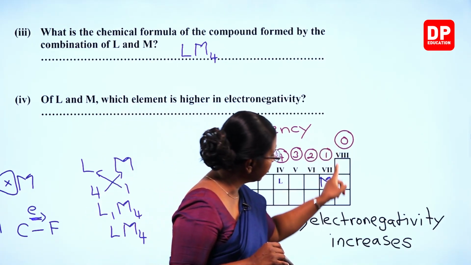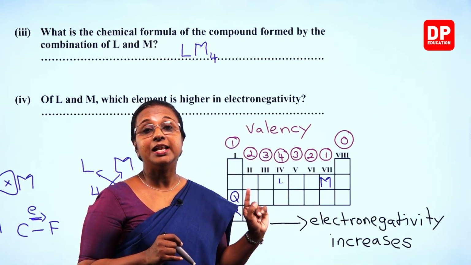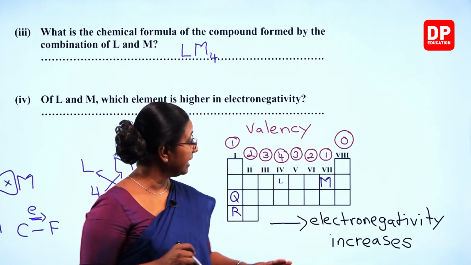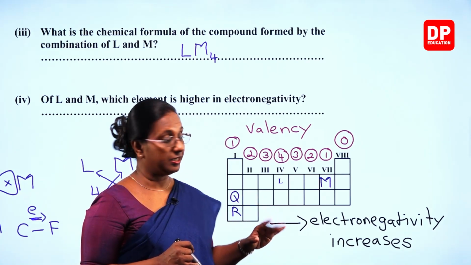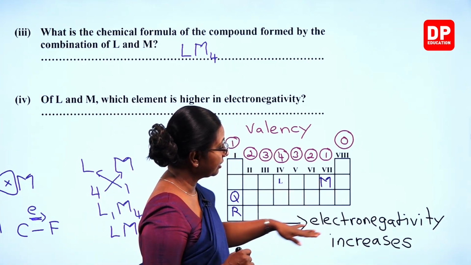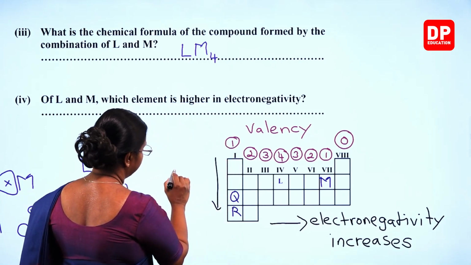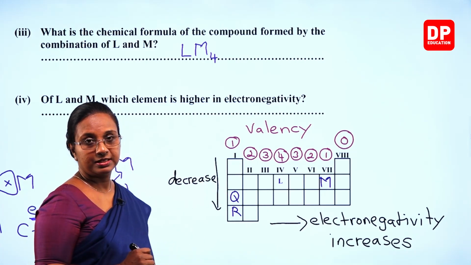Why? Group 8 does not form bonds. So we don't have group 8 in the electronegativity scale. You can remember Pauling's scale. In that, group 8 is not assigned a value for electronegativity. So across the period, electronegativity increases. Down the group, it decreases.